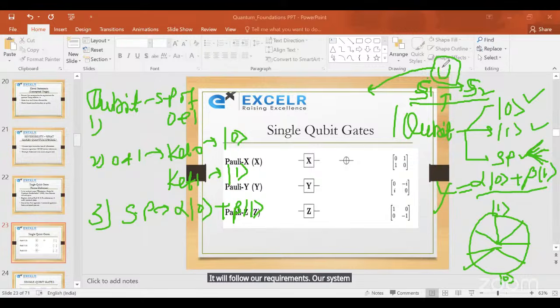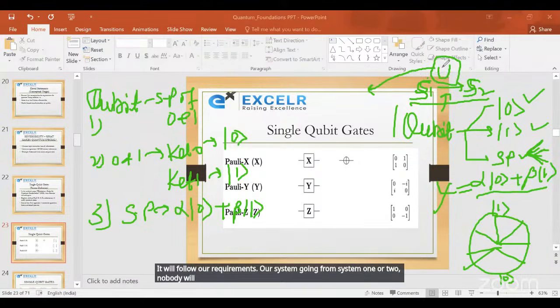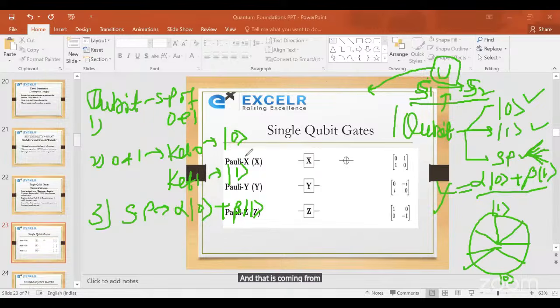Going from system 1 to 2, nobody will disturb, the probability will not leak out. So we have to look to quantum mechanics also, and that is coming from Pauli.